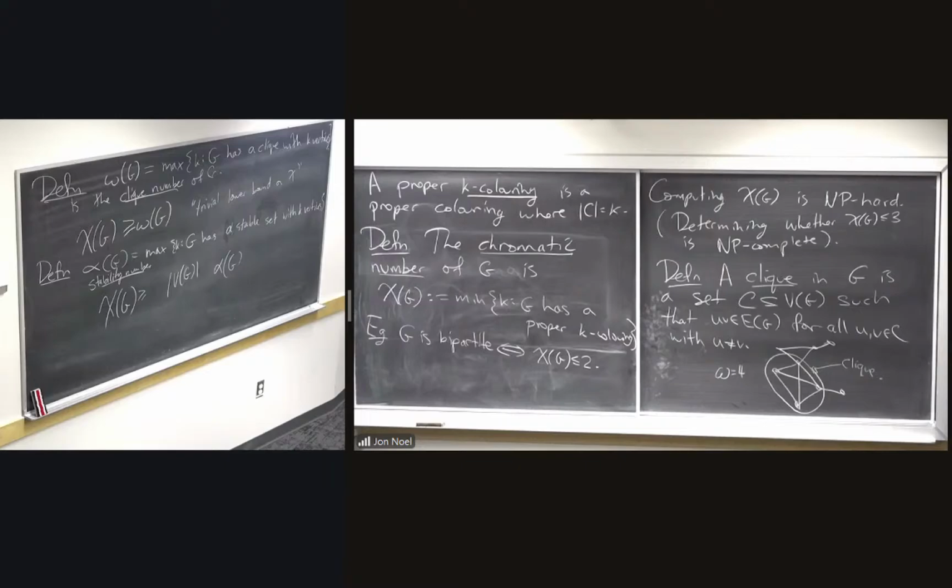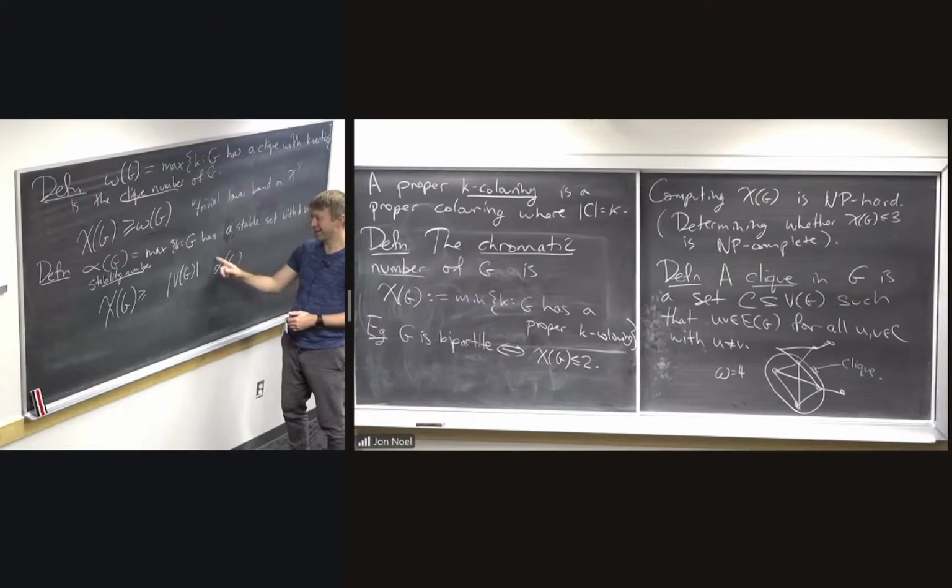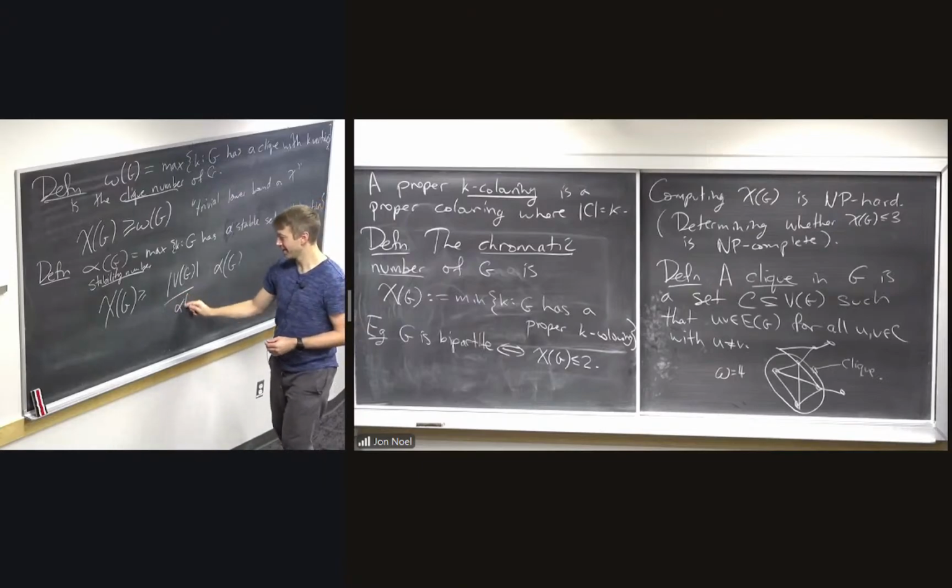Do you see why that might be the case? None of them are bigger. The maximum size is that you have a stable set, divided by the number of vertices.